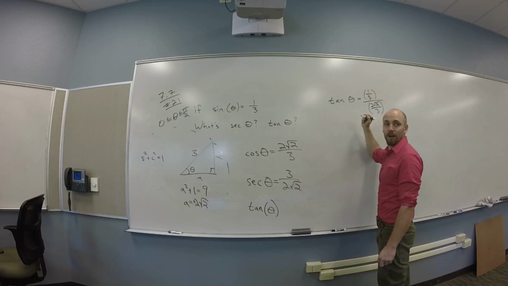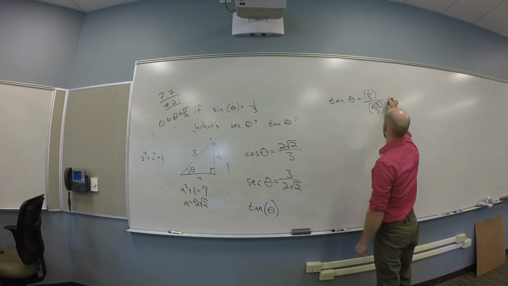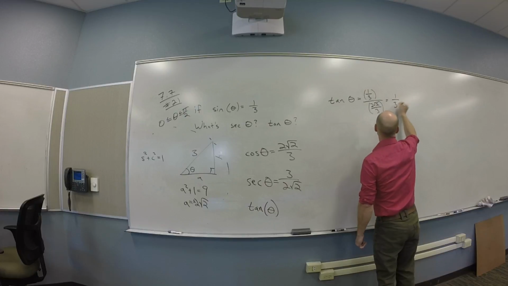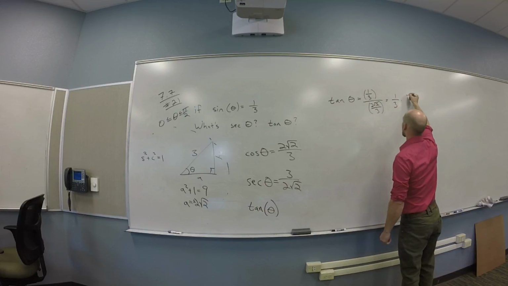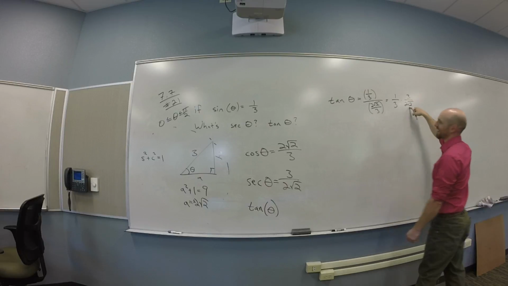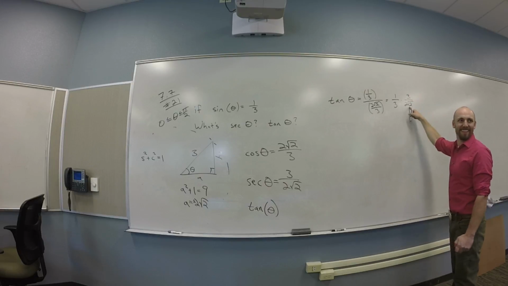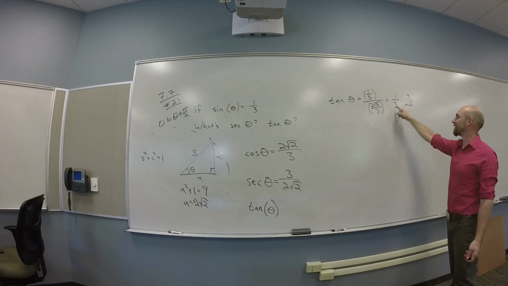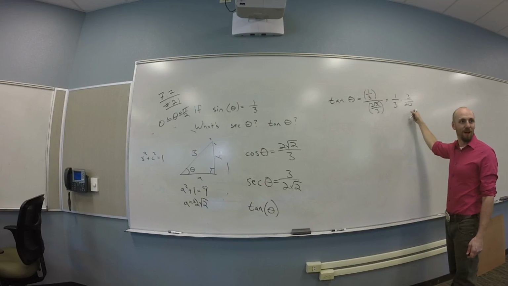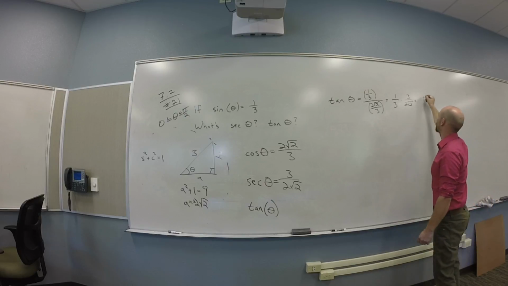And when you're dividing fraction by fraction, you what? Flip and multiply. So you get 1/3 times 3 over 2 root 2. Hey, look, that's a secant. Right? You take the sine and multiply by 1 over the cosine. Cool. So I got 1 over 2 root 2 for tangent.